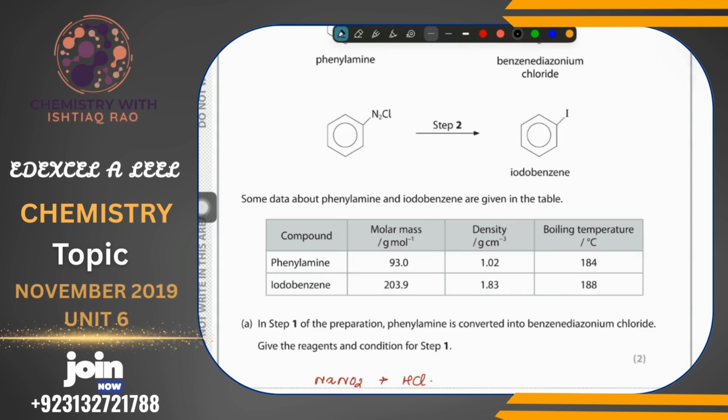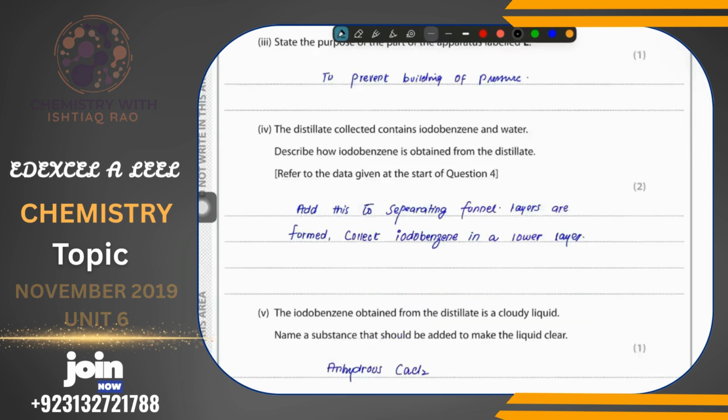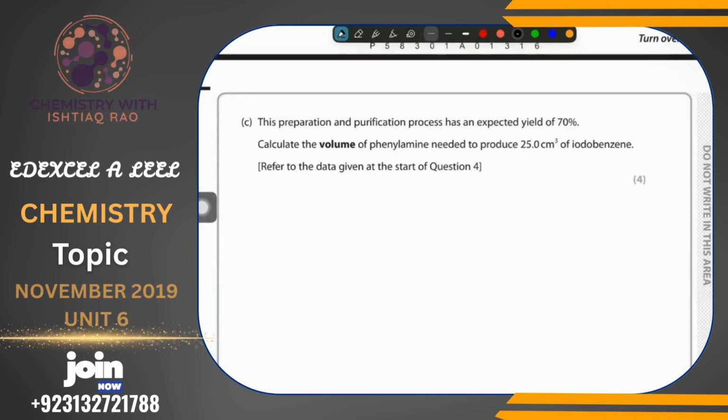We need the volume of phenylamine needed to produce this one, but we cannot find the moles directly. We have to first find the concentration, because you cannot find the mass also.